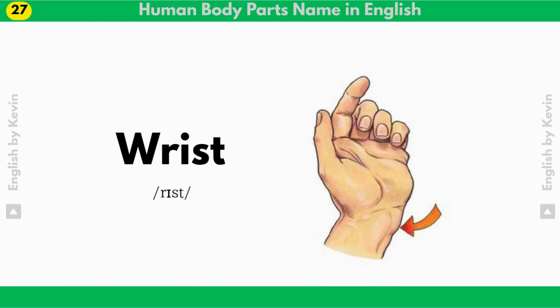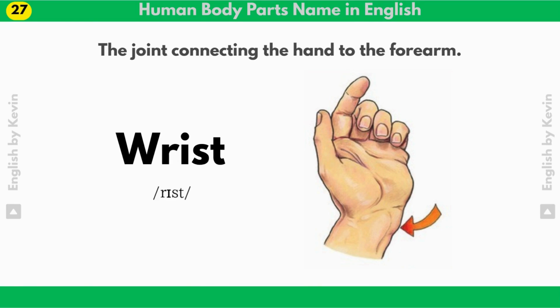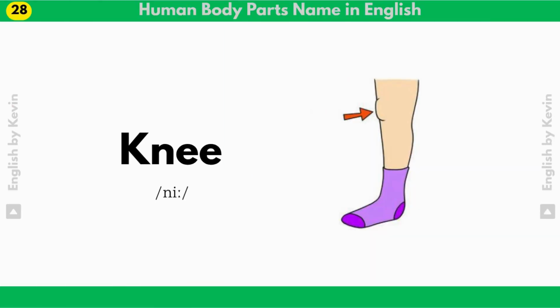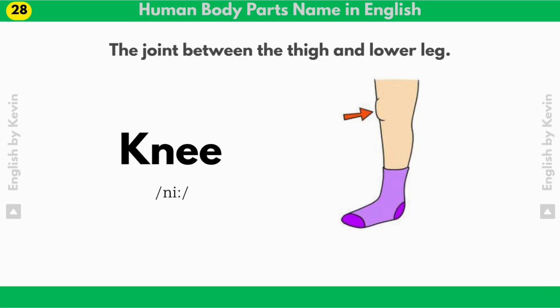Wrist. The joint connecting the hand to the forearm. Knee. The joint between the thigh and lower leg.